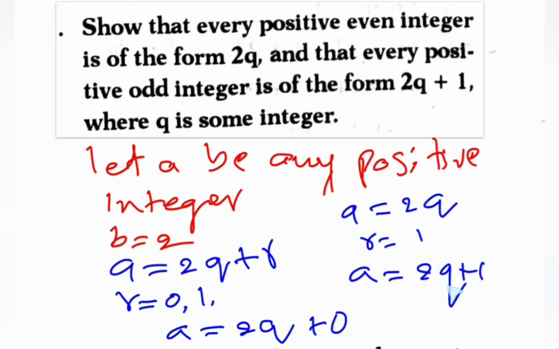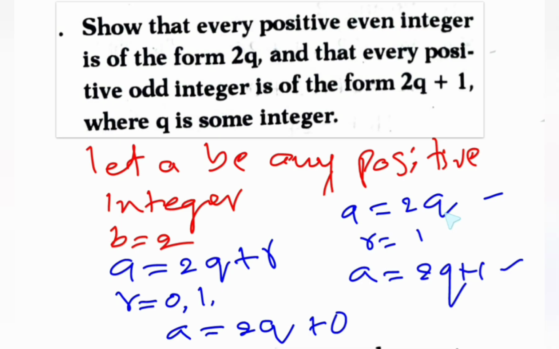If you take q equal to 1 in a is equal to 2q plus 1, we will get 2 into 1 plus 1, that equals 3. And if q equal to 2, 2 into 2 plus 1, that is 5. That is 3, 5, 7, we will get a equal to 2q plus 1. So it is an odd integer, and 2q is an even integer. Therefore, a positive integer can be either even or odd.